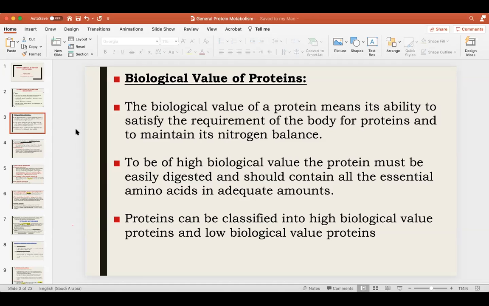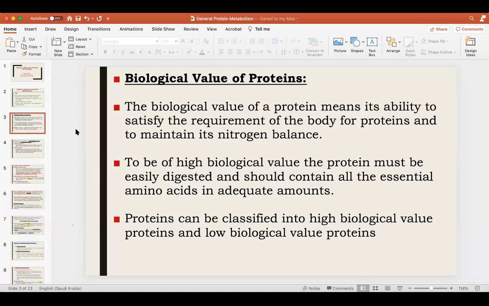Nitrogen balance refers to that the amount of intake of the protein in the diet equal the amount of the protein that go outside our body, or the nitrogen intake in our diet equal the nitrogen output which go from outside our body, okay?